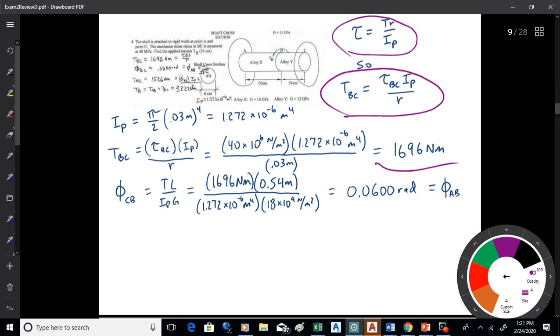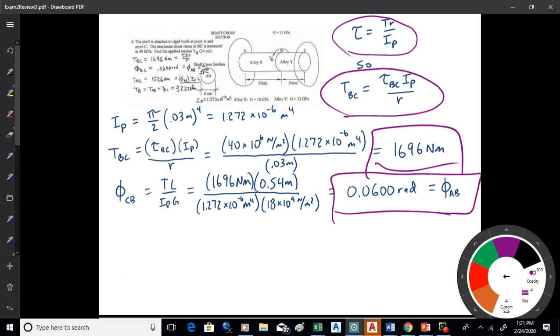It's 1696 Newton meters. Once I know that, I can then find the angle measured from C to B. It comes out to be 0.06 radians. It's the torsion, which I found, times the length, divided by I, divided by G. So now I know the angle at B.